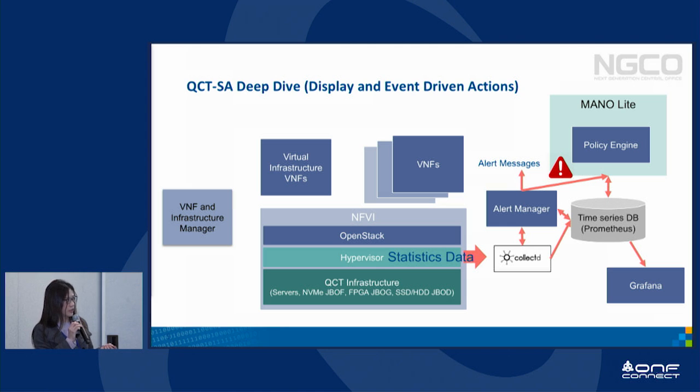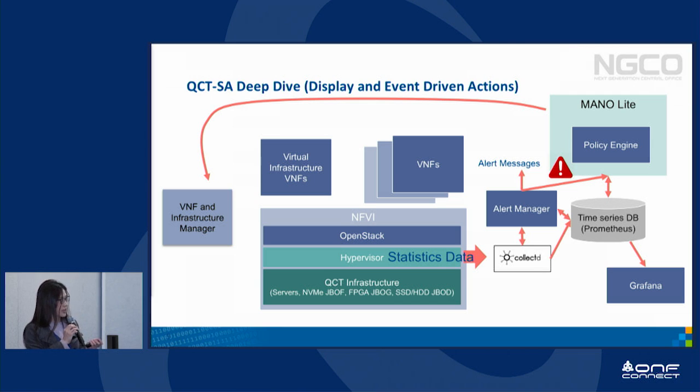If there's any abnormal behavior, like system overload or CPU usage too high, the policy engine will match the rule and find some solutions, and then generate the action and send it to the VNF and infrastructure manager to adjust the system behavior.